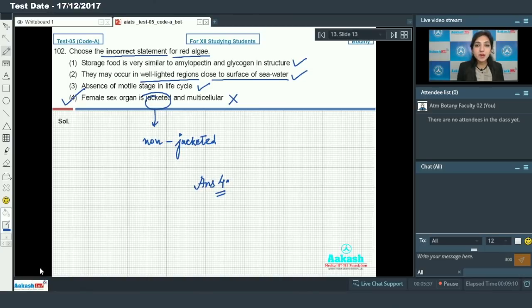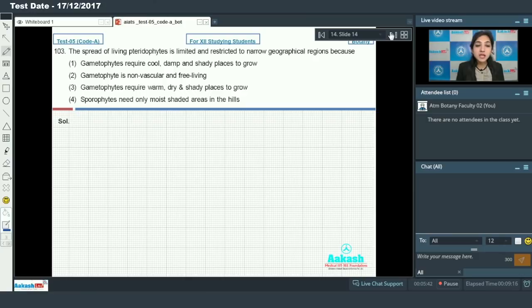Moving on to the next question, that is question number 103. The spread of living pteridophytes is limited and restricted to narrow geographical regions because gametophytes require cool and damp shady places to grow. Pteridophytes are not all over.